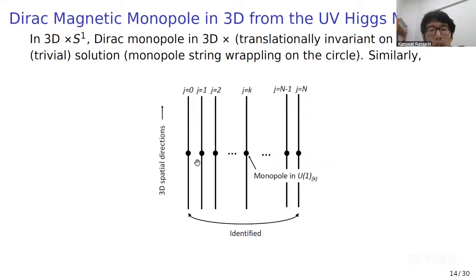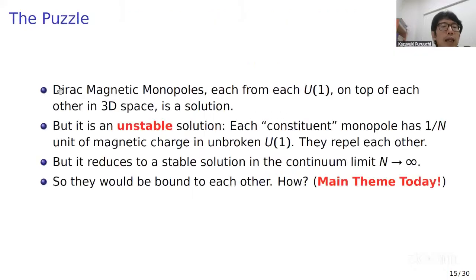From each U(1), you put a one-unit-charge magnetic monopole in that gauge group. So this is still a solution. But there's a puzzle: Dirac magnetic monopoles, one from each U(1), on top of each other in three-dimensional space.